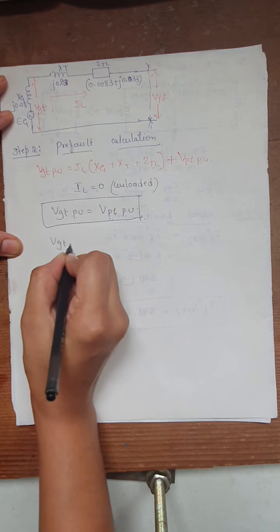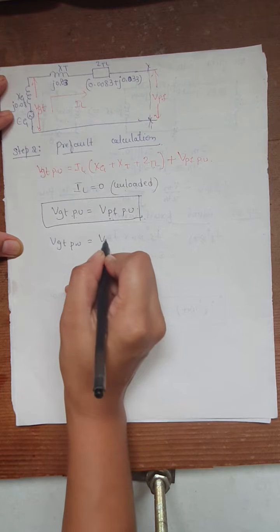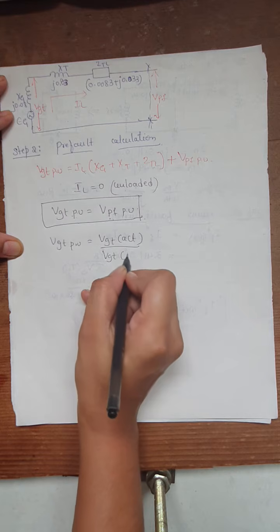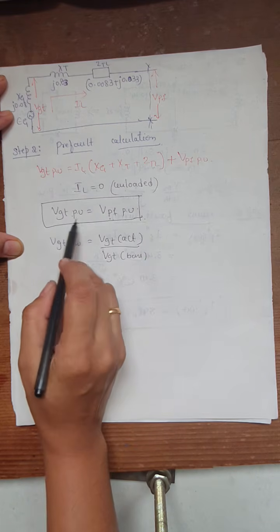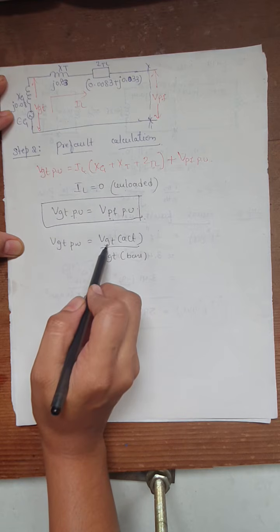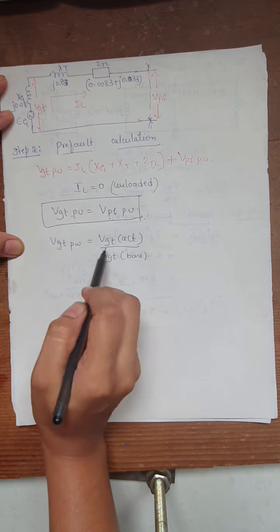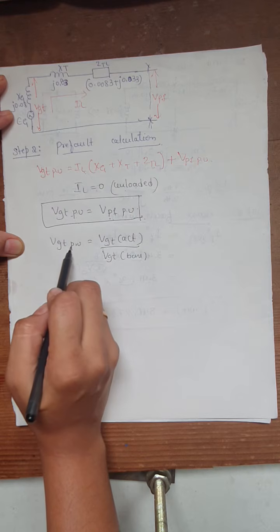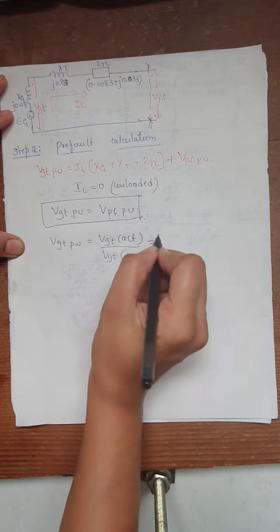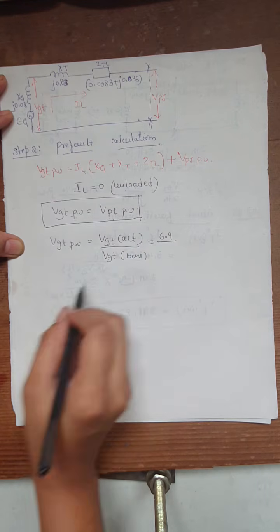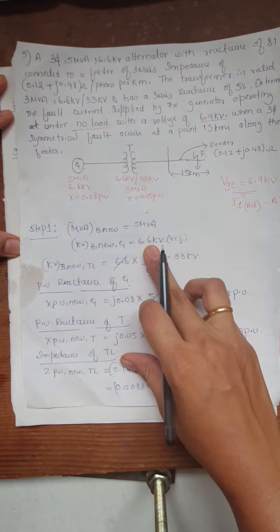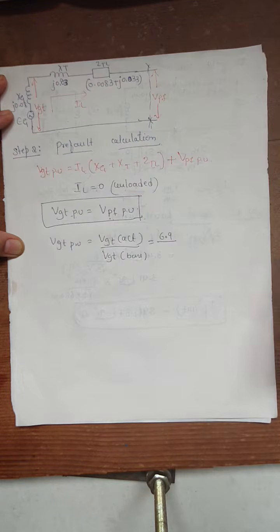VGT in per unit will be equal to VGT actual divided by VGT base. Understood? We have considered VGT equal to V pre-fault, so instead of writing V pre-fault actual and base, we have written it with respect to the generator only. The VGT actual value given in the problem is 6.9 kilovolt, divided by the generator base voltage from step 1, which is 6.6 kilovolt.